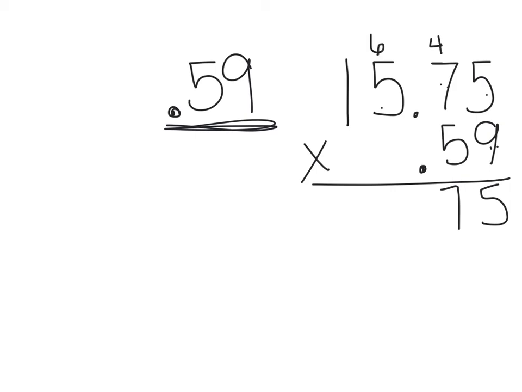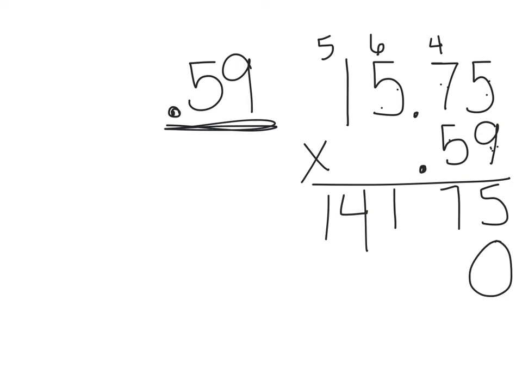Don't forget to carry that 6 up there. 9 times 5 plus 6. Nine times 1 plus 5 more. Then I drop my 0. I'm ready for my next set.